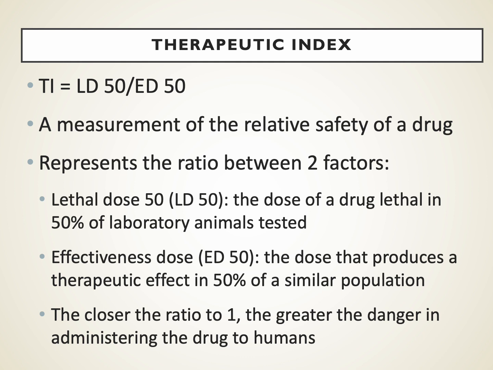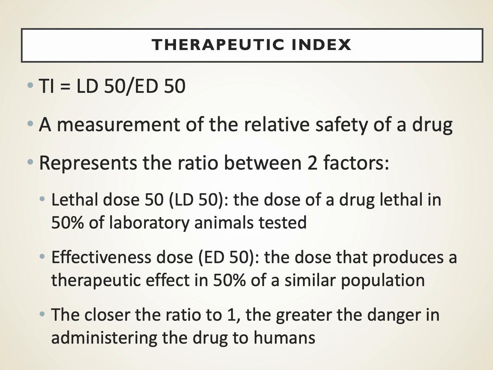The lethal dose, LD50, is the dose at which the median laboratory animal, the 50th percentile, would die, compared to the effective dose, the dose at which the 50th percentile, the median person or median animal, would achieve the therapeutic benefit.